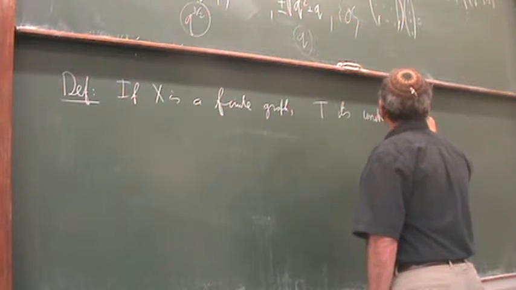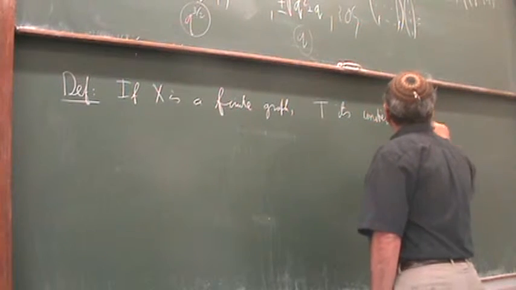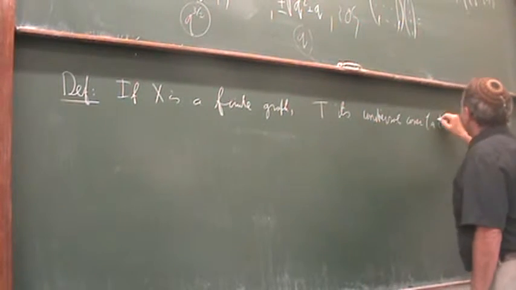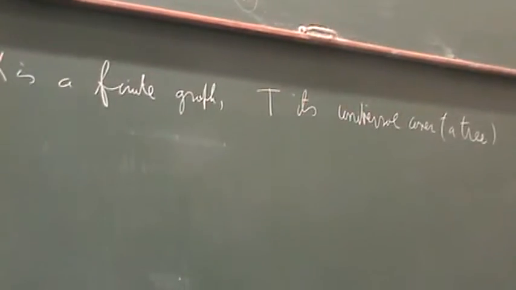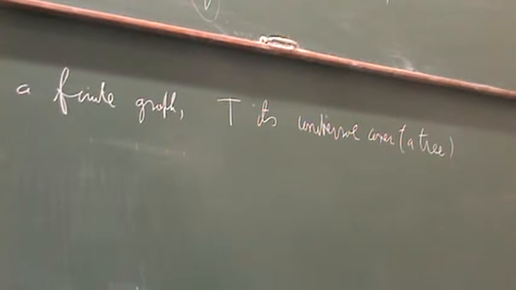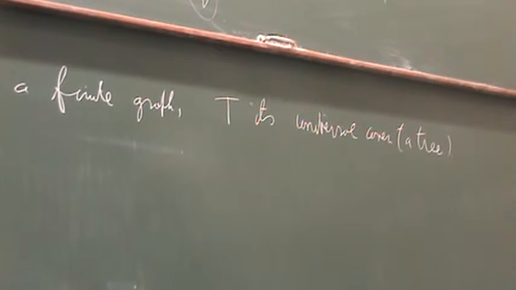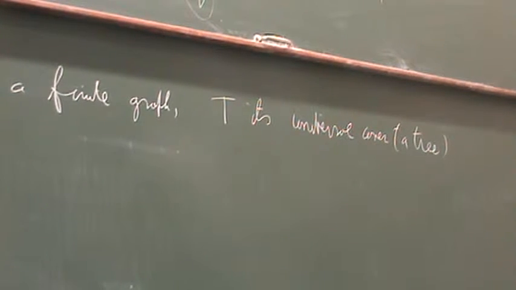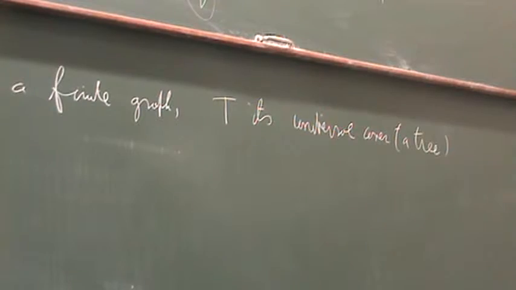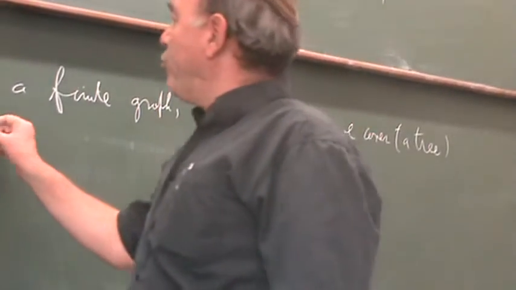It's also a tree. It's easy to see that it would be a graph, but a graph which is simply connected is a tree because there are no loops. If there are loops, it's not simply connected. The universal cover should be simply connected, and it should be connected, and this really means a tree.